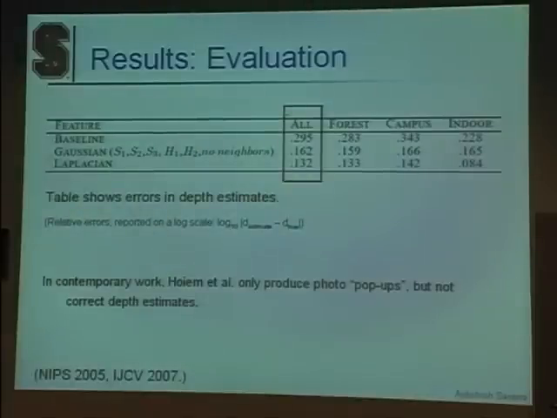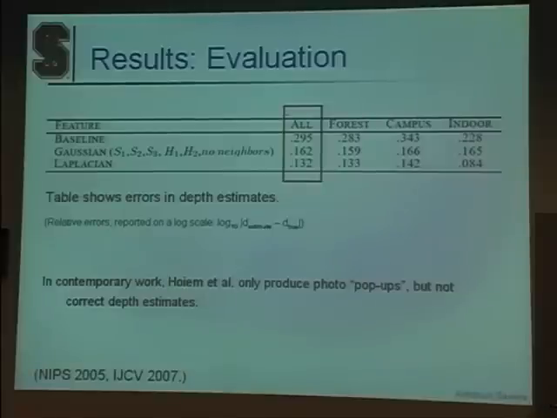In more quantitative evaluation, we have the laser data, so we can have a holdout test set, and we can compute how accurately our algorithm is predicting the depth. So this is the baseline. The errors are in log scale. The reason is if you are looking at a depth of 80 meters, then an error of 10 meters at 80 meters is the same as an error of 1 meter at 8 meters. The errors are multiplicative in nature.